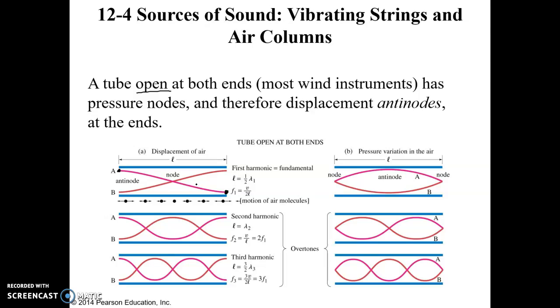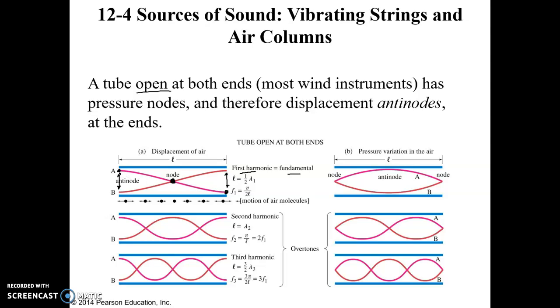So if we create a standing wave like this, then the antinodes at the end are going to vibrate up and down, and we'll have a node right at the middle. This point is going to remain relatively fixed, and then the wave at this end is going to vibrate up and down. So this would create our first harmonic or fundamental frequency.